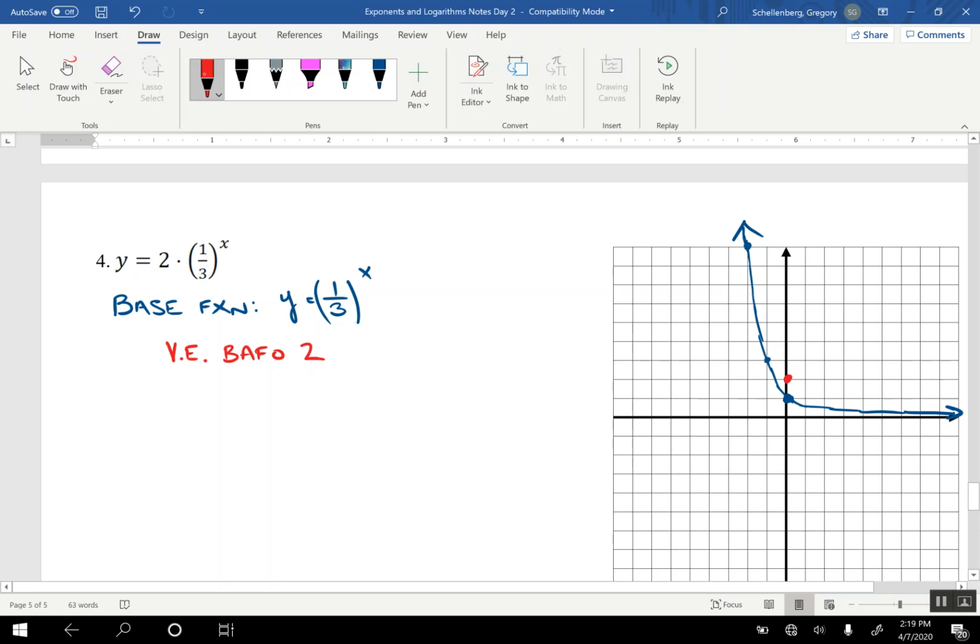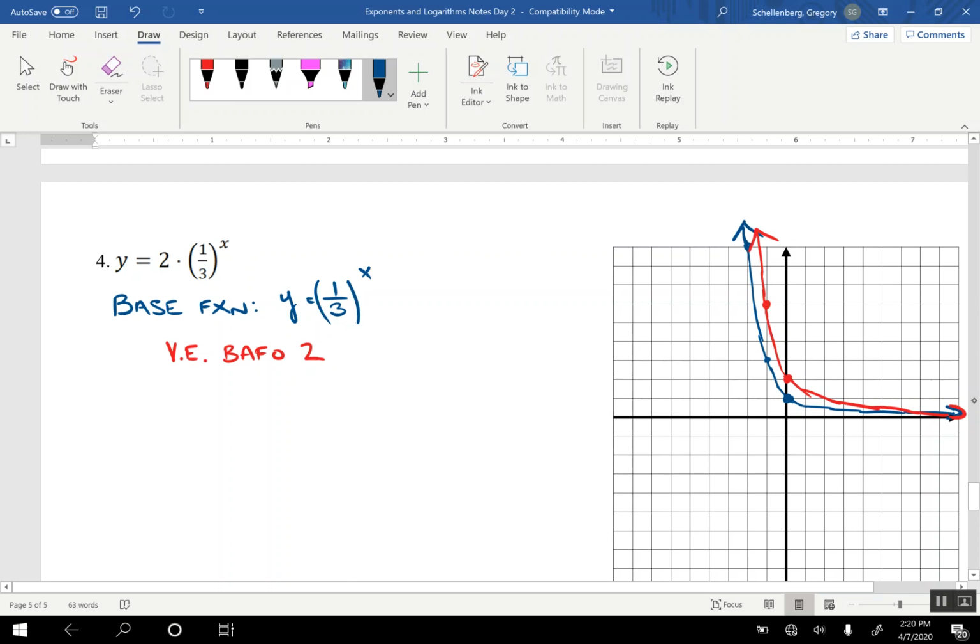I'm going to do that and that. And we should end up with something like that. Okay, very, very similar, but with our larger values of y, we can see that the transformed version of the graph is twice as tall.